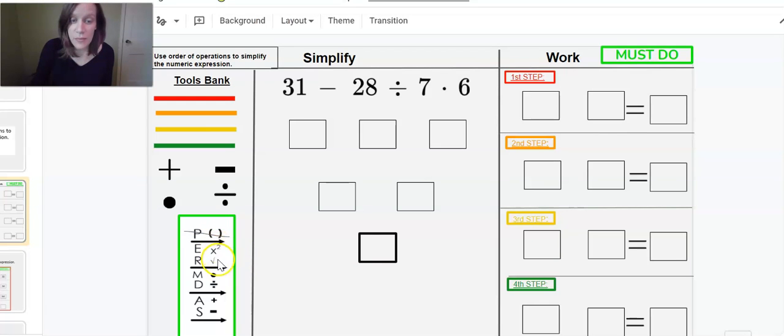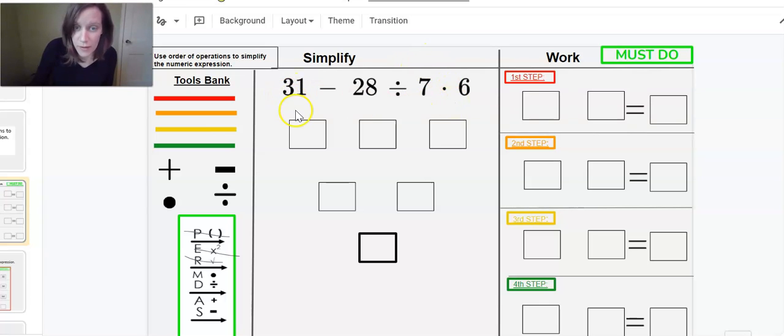I don't see any exponents or radicals in my problem, so I can cross that off. And I do see multiplication and division. In fact, I see division and multiplication. Remember, when they're both in the problem, it's important to do them from left to right.